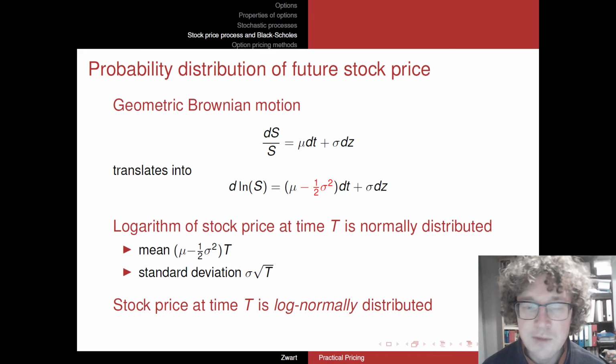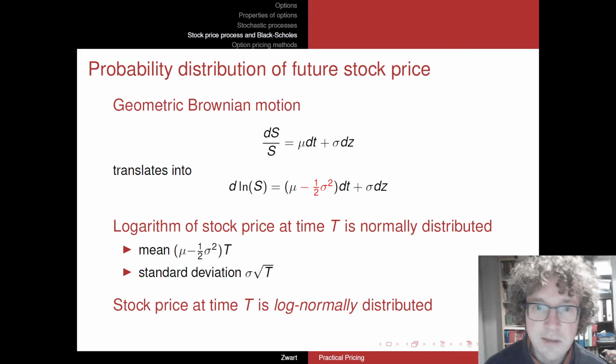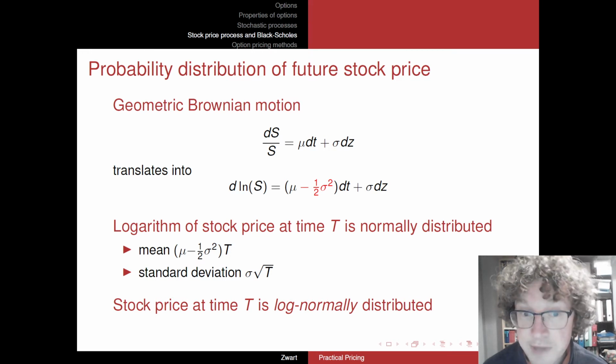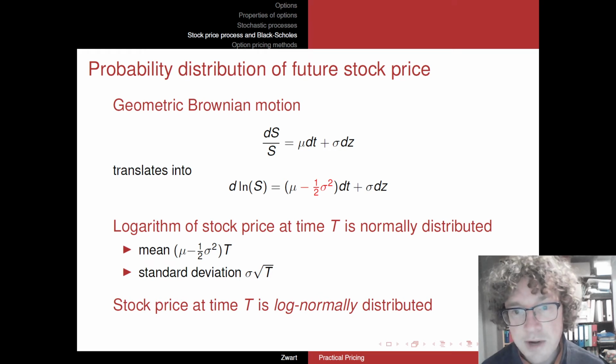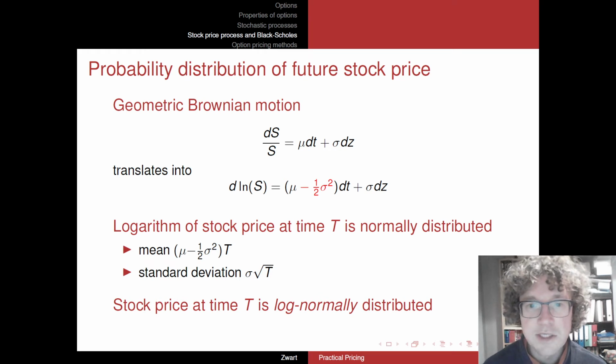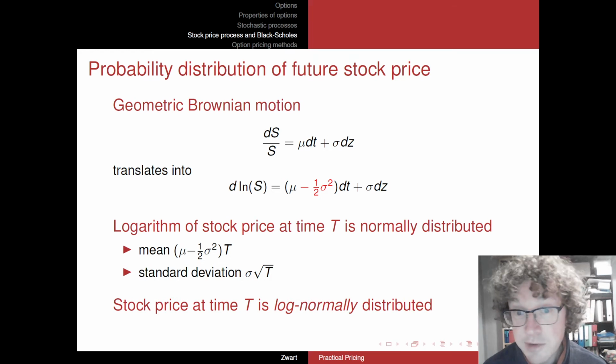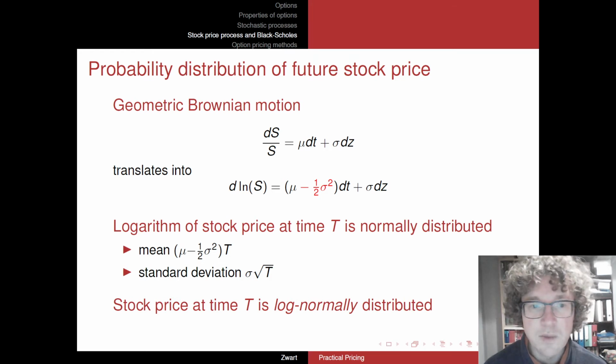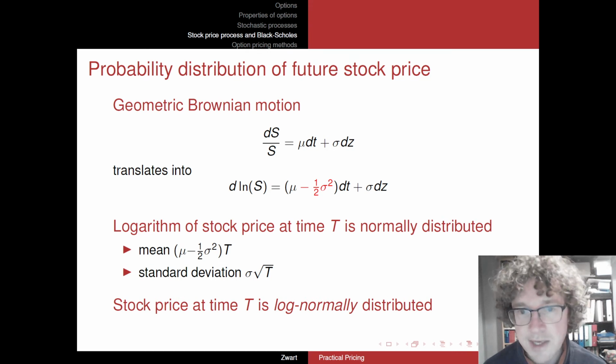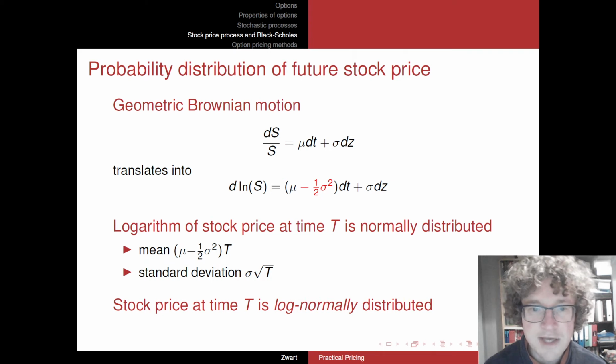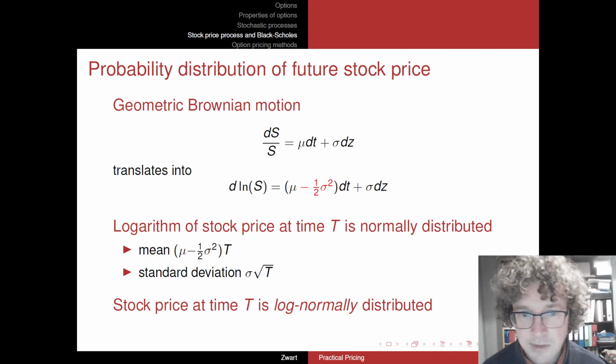It will have a mean which has shifted by this drift term, mu minus a half sigma squared, times the amount of time that we have waited. But there's also this stochastic motion around it, so we don't know exactly what the log of the stock price is going to be, but we know it's distributed around this mean with a particular standard deviation, which grows with the square root of time. The standard deviation is sigma times the square root of capital T.